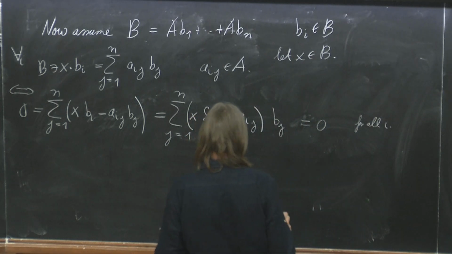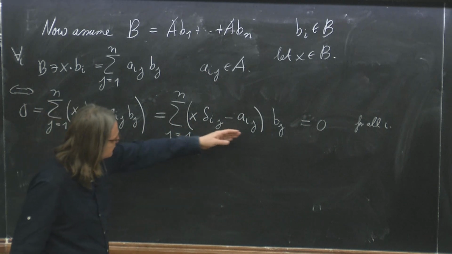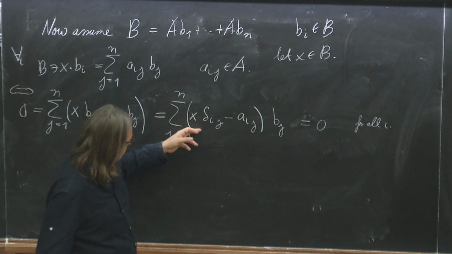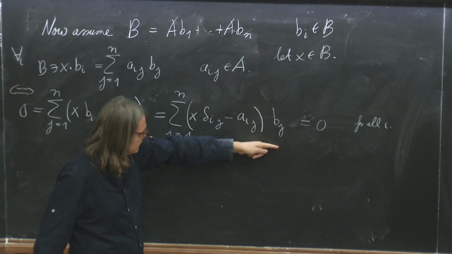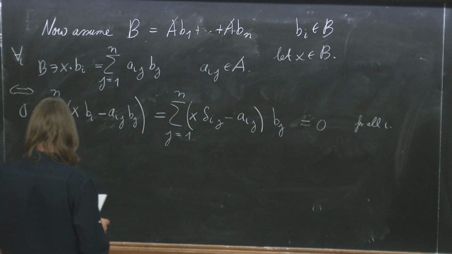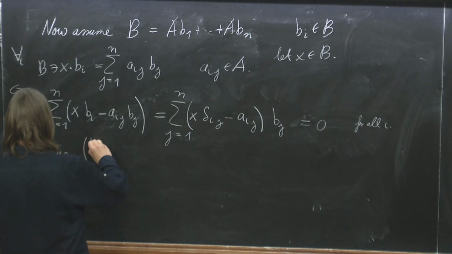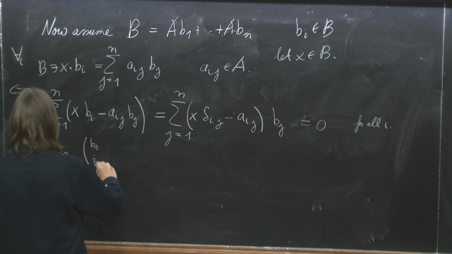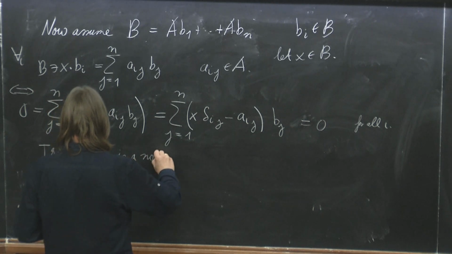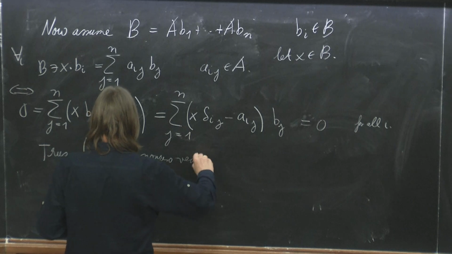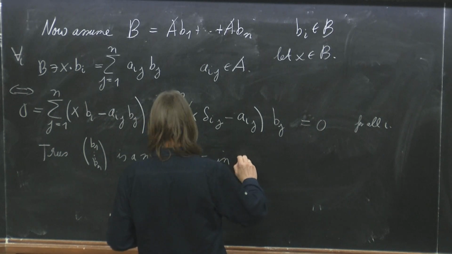Okay. So in other words, if I take this matrix here, with entries ij, then the vector b1 to bn lies in the kernel of this matrix. Thus, b1 to bn is a non-zero vector in the kernel of the matrix.